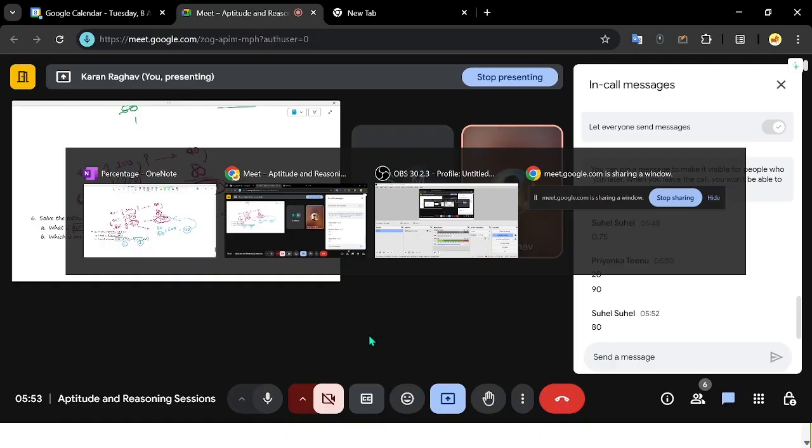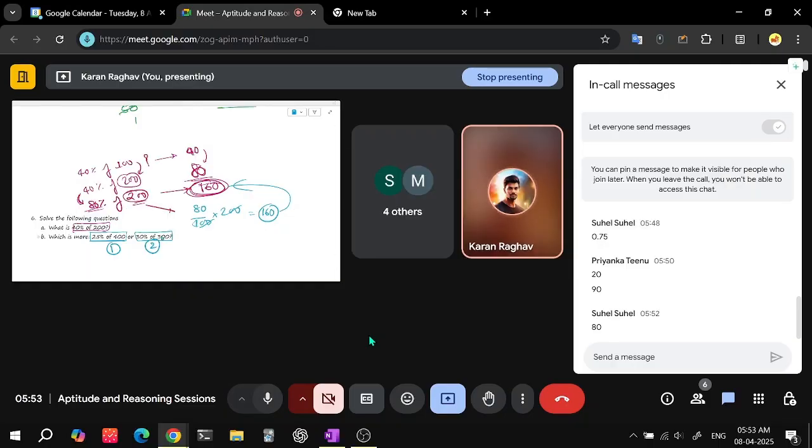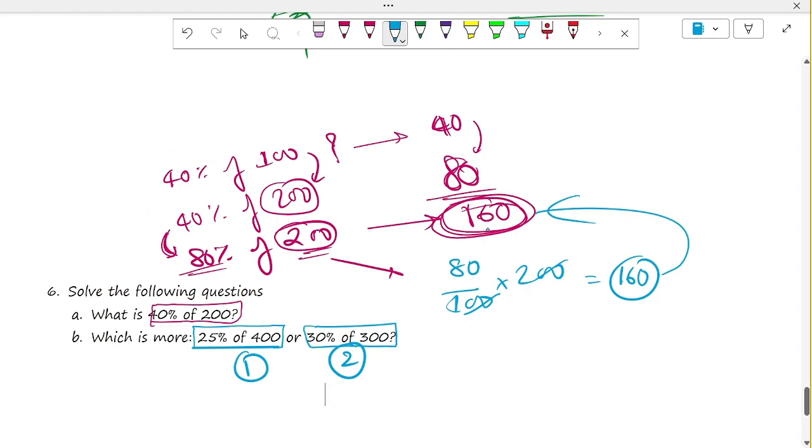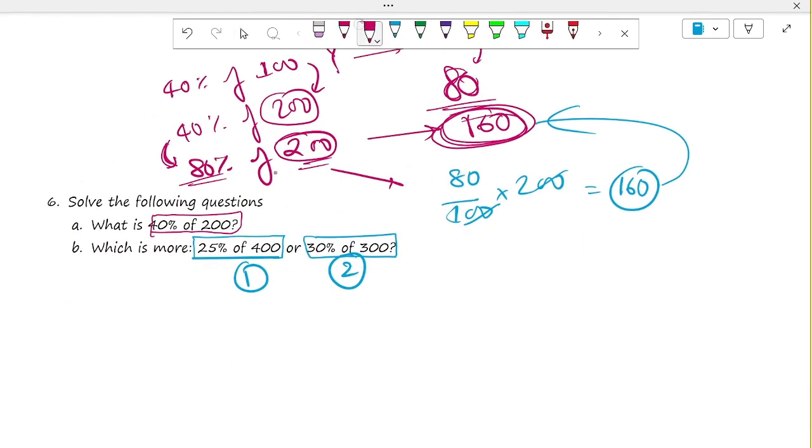You need to say which one is bigger, first one or second one. You need to find individual values of each of them, and on finding them you just compare them and tell me which one is bigger. So to help you, I'll just try to solve one. I'll solve the second one.